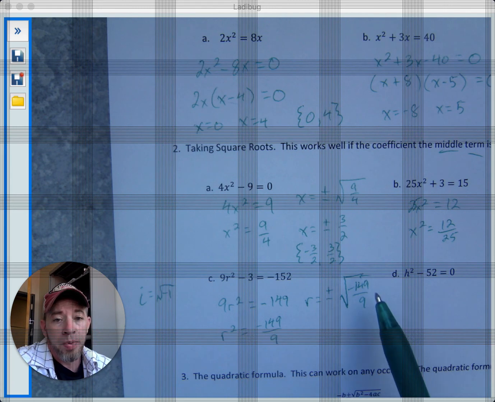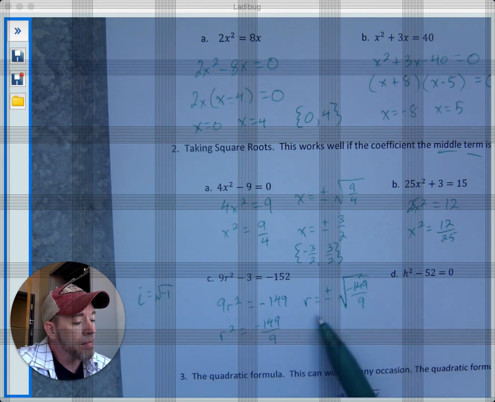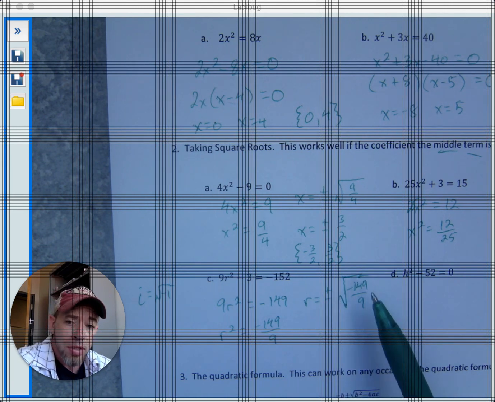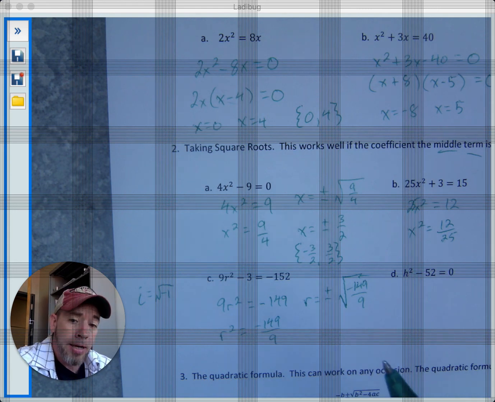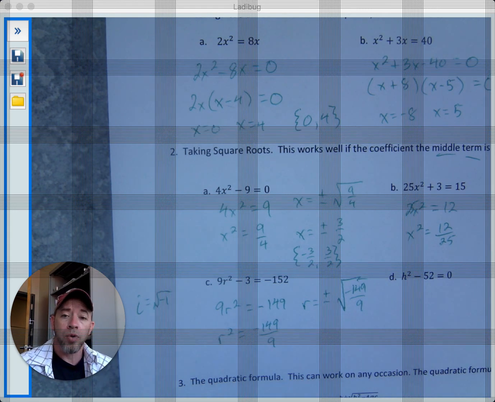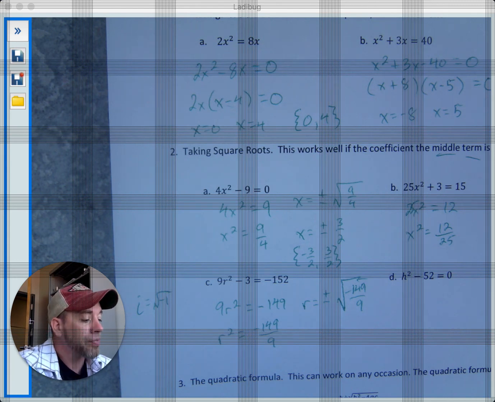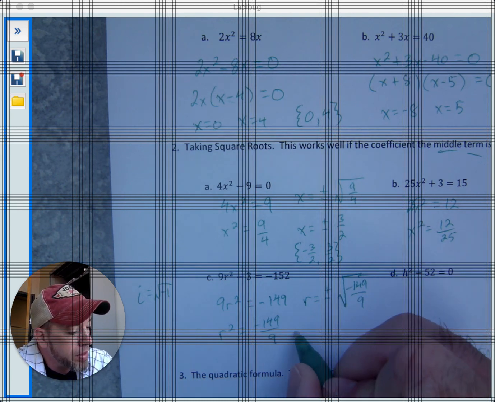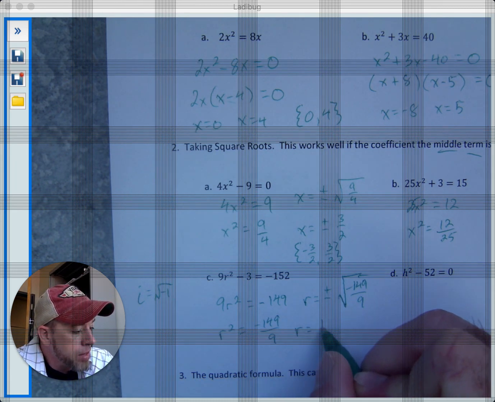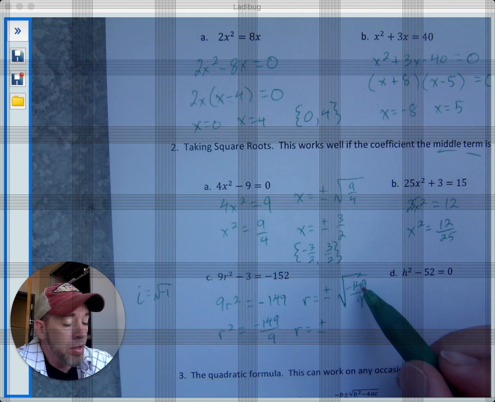Normally, before this point in your life, you probably say there's no real solutions, it's the empty set. In fact, if you were asked what are the real solutions, you would say there are none. But there are solutions that are imaginary. So here's what I'm going to do. I'm going to write plus or minus still the square root of negative 149.